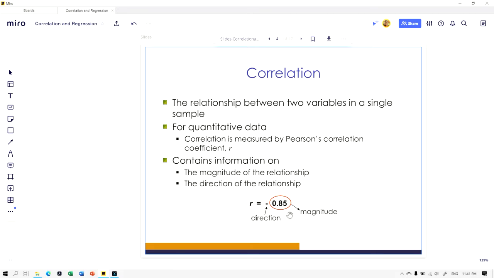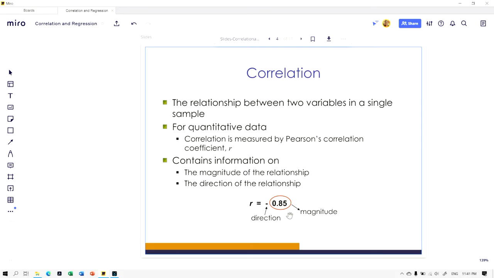When it is positive, which denotes a direct relationship, it specifically says that if one variable increases, the other variable also increases, or if one decreases, the other variable also decreases in the same direction.